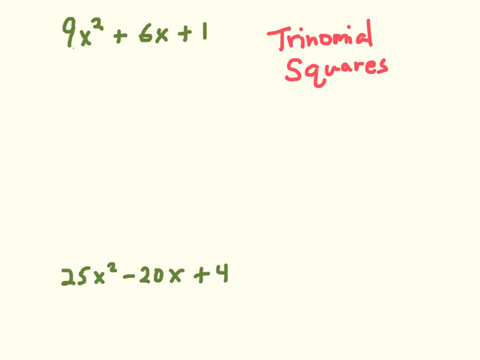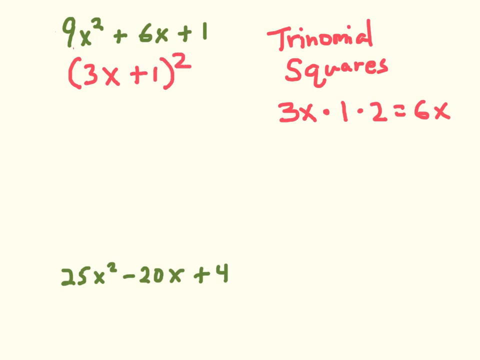And here's how you know if you've got it right. The square root of 9x squared is 3x. The square root of 1 is 1, and if you multiply that by 2 and that gets the middle term, then you know you've got what's called a trinomial square, and that the factoring of this would be 3x plus 1 times itself, so squared.